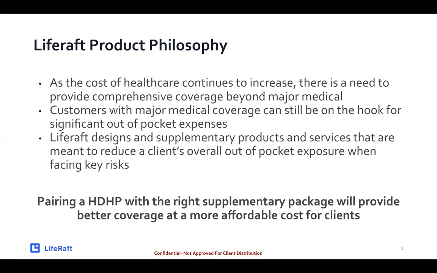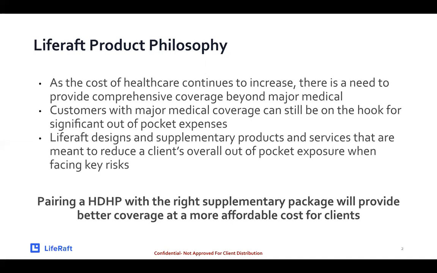And so I think the end result of that, as we think about where there are opportunities to build products, is that supplementary products can play an important role in every client's portfolio. But it really has to be the right set of those products coming together to help give your client the right coverage.